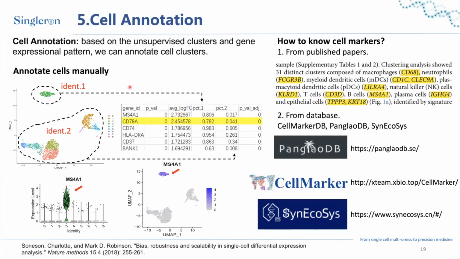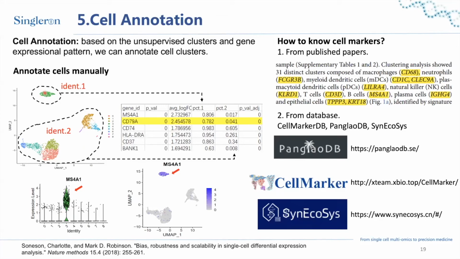The first way of doing the cell annotation is by annotating cells manually. By looking at the table, as well as the exact gene expression pattern through the violin plot or feature plot, we can annotate cells. For this cluster, we think it is the B cell.